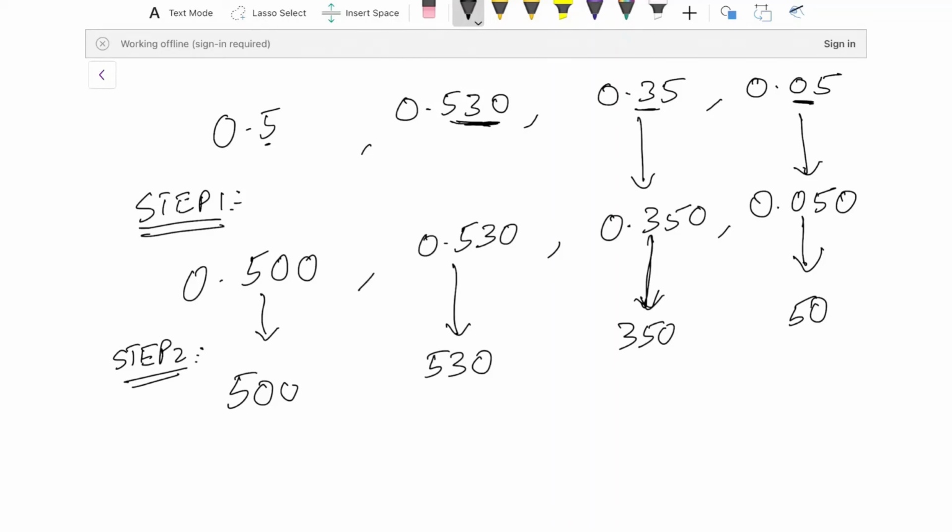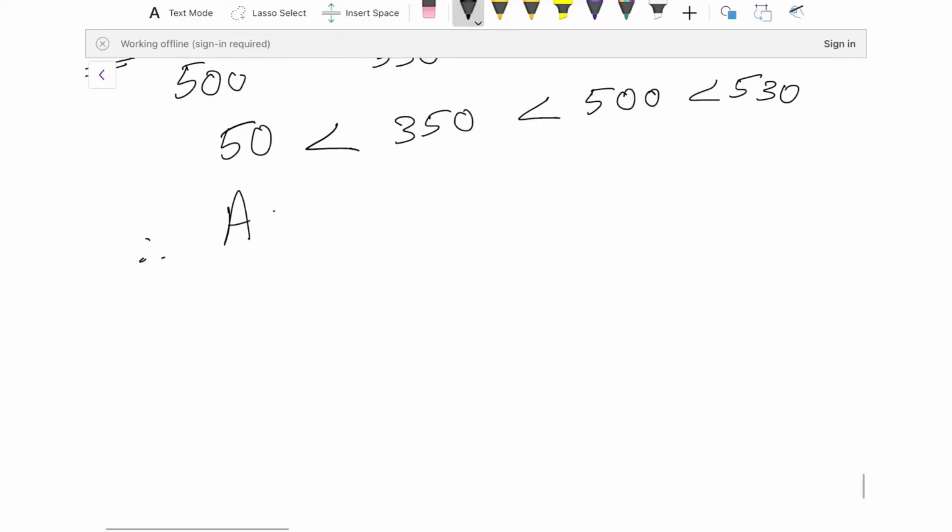We can see that 50 is less than 350, is less than 500, is less than 530, because we have to write the decimals in ascending order.